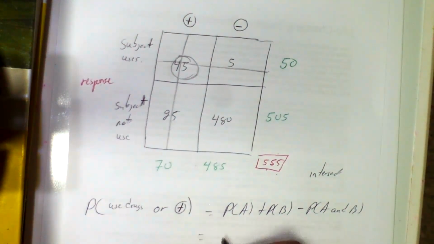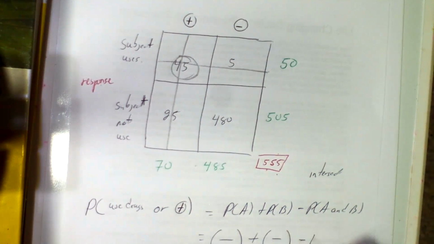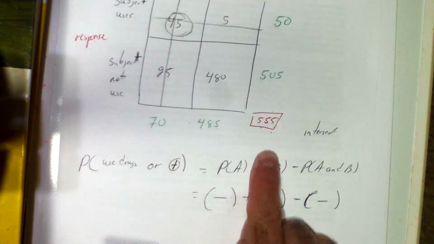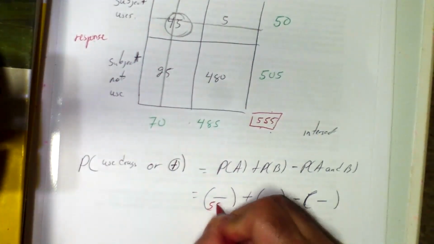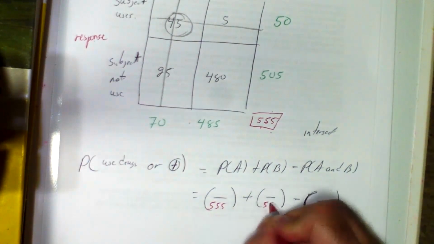So I'm going to calculate the parts over total because that's what I have to do for each of these three quantities. Right, so I know my total. My total is 555. All of them are going to have 555s because that's my total.